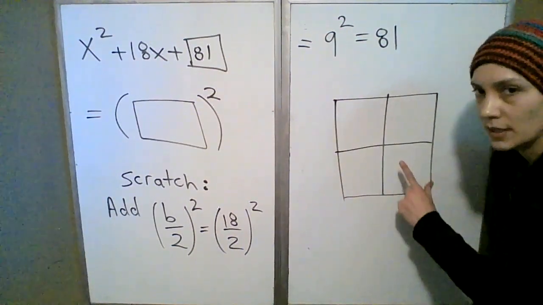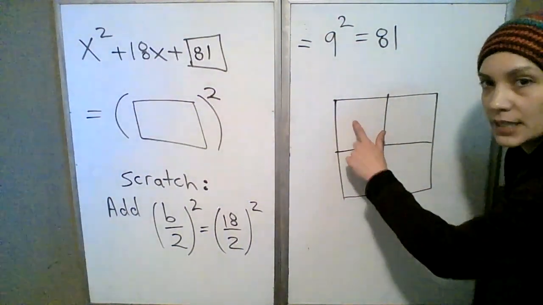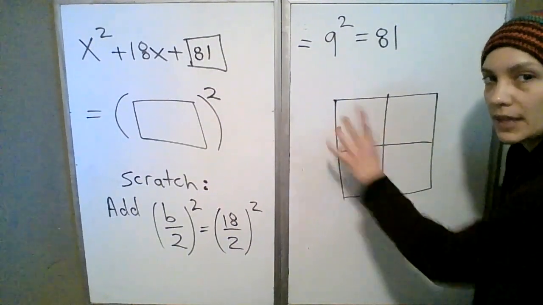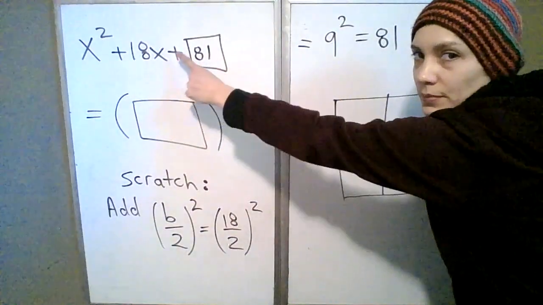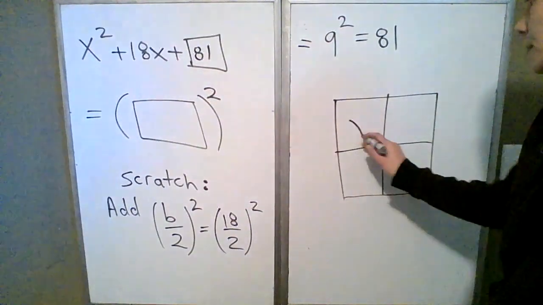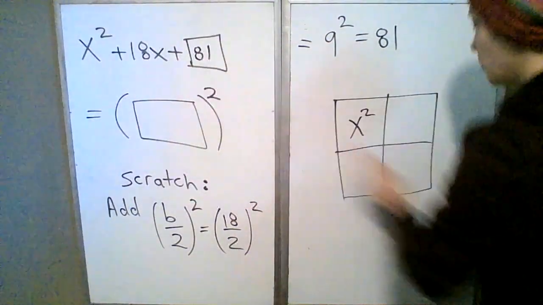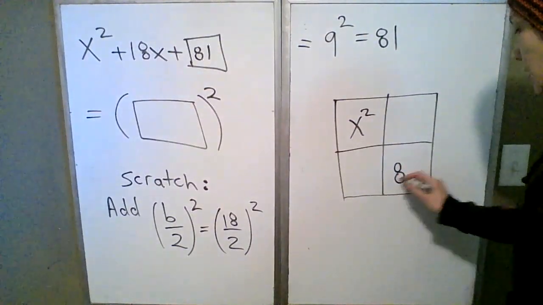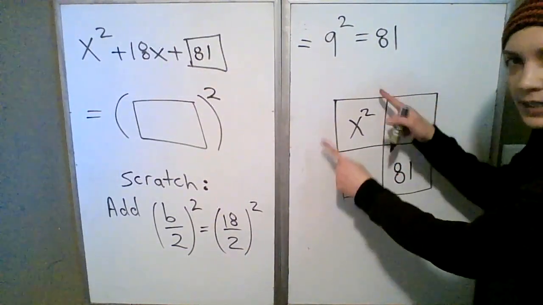It's for multiplication. So what you have in here are the values of this quadratic. So I'm going to put x squared in this corner, put 81 right here, and then start to fill in the sides.